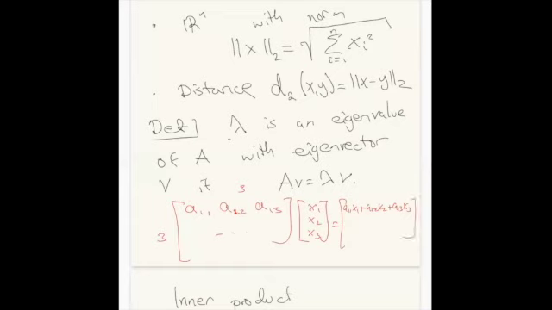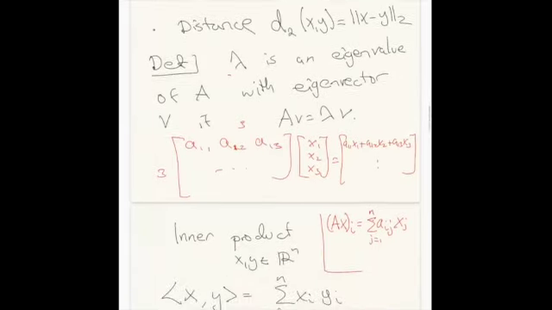So the way to memorize this, as you've probably seen, is the components of Ax: you take the ith row of A times the jth entry, and you sum up over the jth entries. So the sum over j of Aij xj.